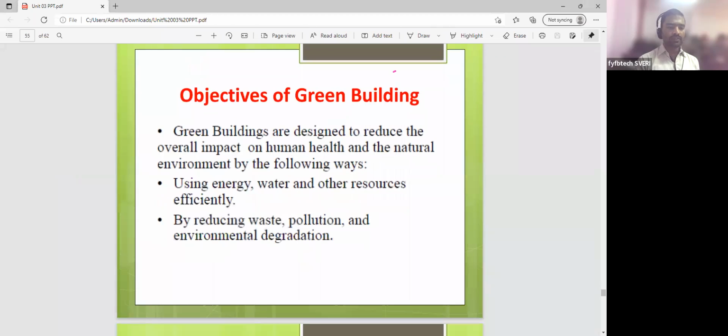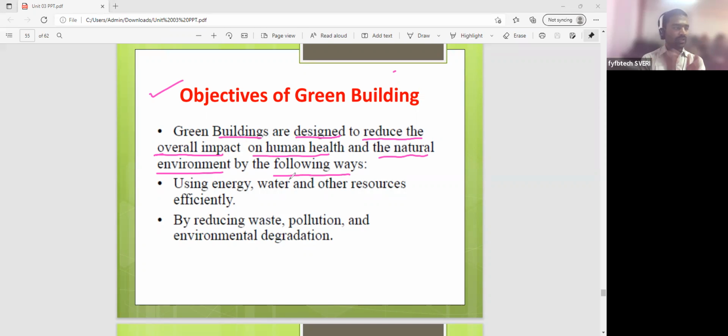Then, sir, what is the main objective of this building? Why do we have to study it? Green buildings are designed to reduce the overall impact on human health and the natural environment in the following ways.